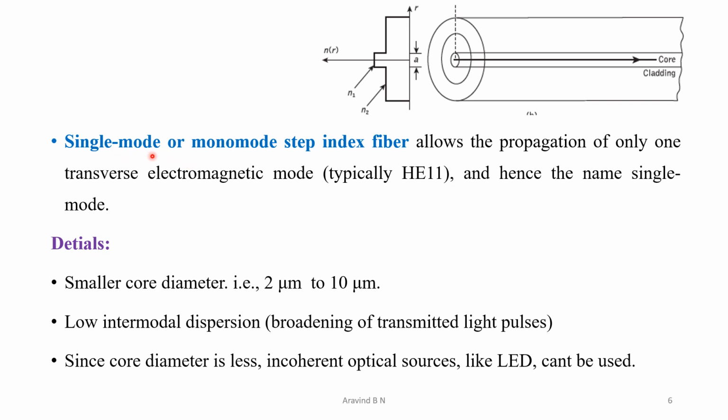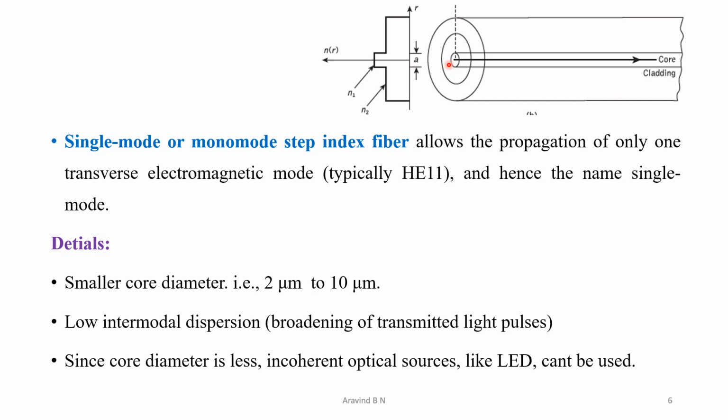As the name itself indicates, only one ray of light is going to propagate through this fiber. So typically it is of HE11. Therefore, this is known as the single mode fiber. Because of that reason only, it is going to have a lesser diameter of the core.